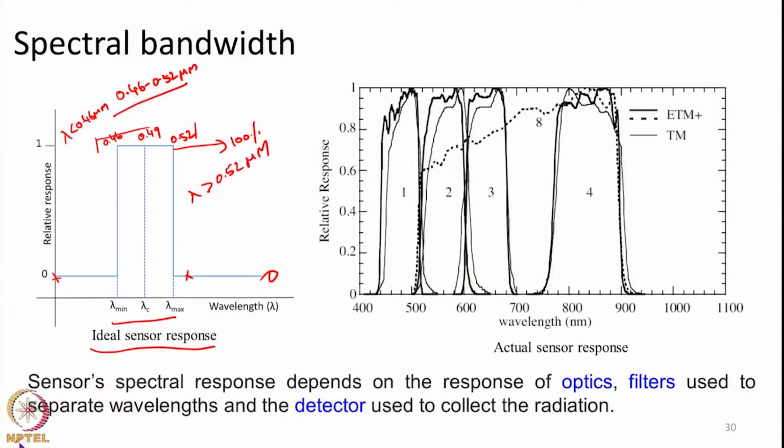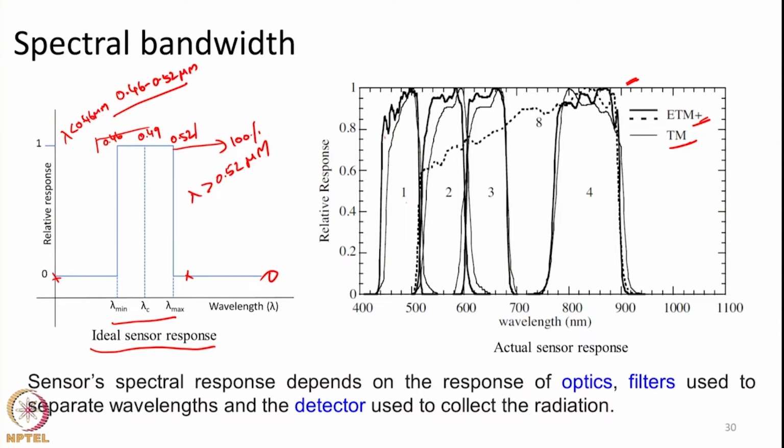In reality this ideal response will not happen. Rather than having a perfect ideal response like this, we will have something like what is given in the right side figure here. This shows the spectral response of different sensors, TM, Landsat Thematic Mapper sensor, Landsat ETM plus sensor and so on. The numbers are different bands within the sensor.